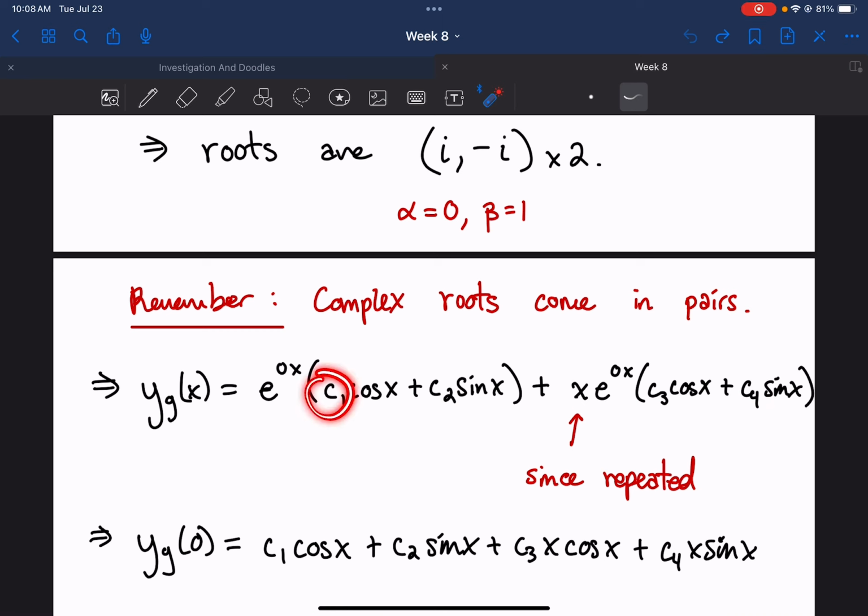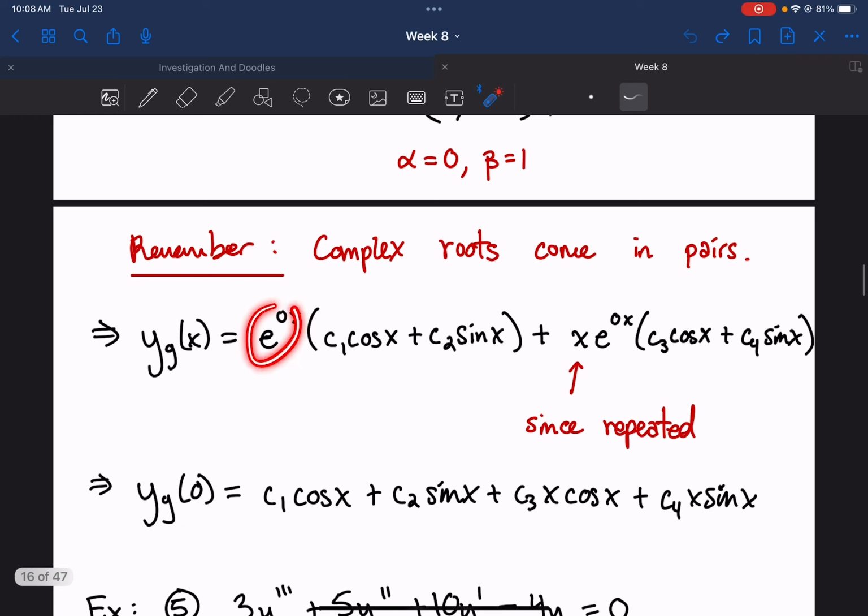No x, added an x. Simplifying it down, e to the 0x is just 1. So you get c1 cosine x, c2 sine x, plus c3 x cosine x, c4 x sine x. This is my general solution.